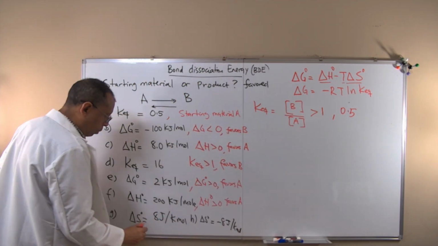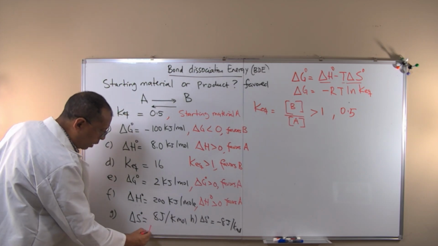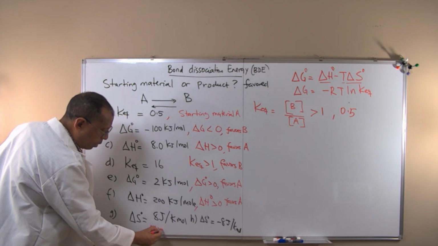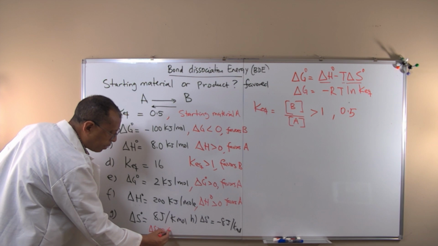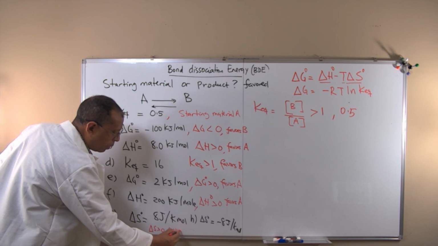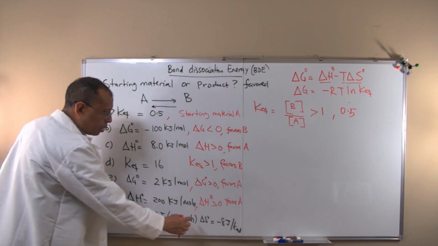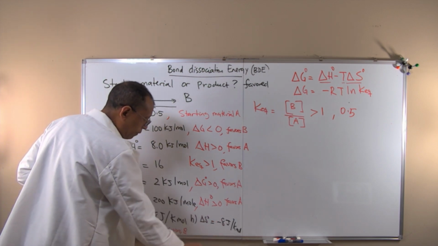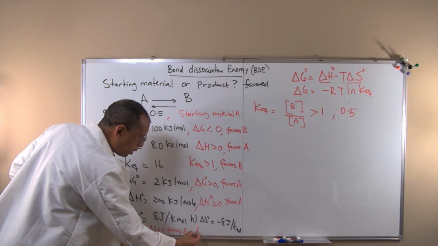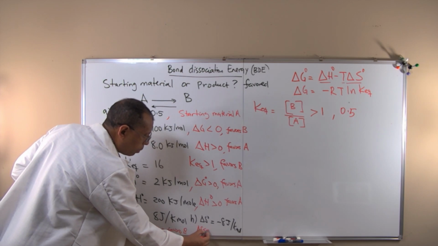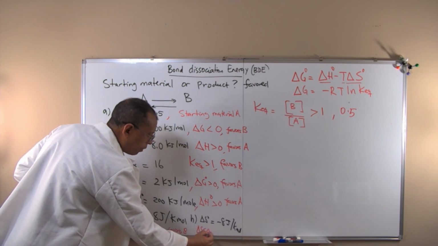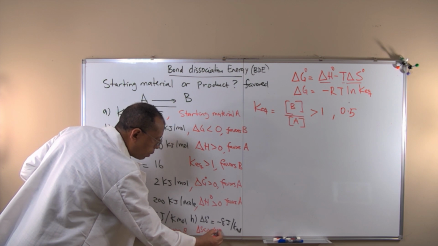So delta S is greater than 0, hence it favors formation of B. In this case, delta S is negative, so delta S less than 0 should favor backward.